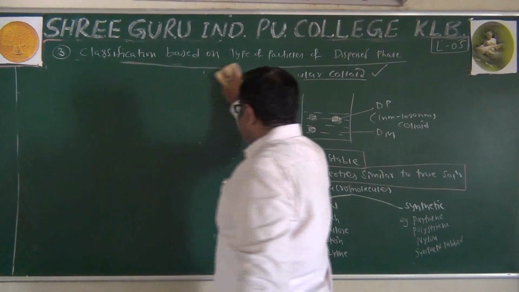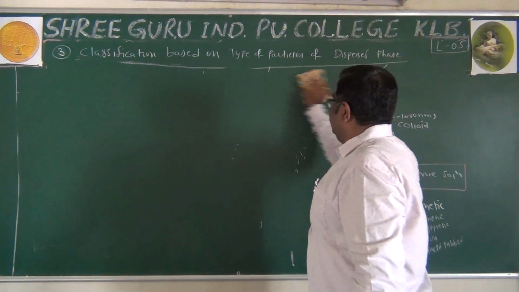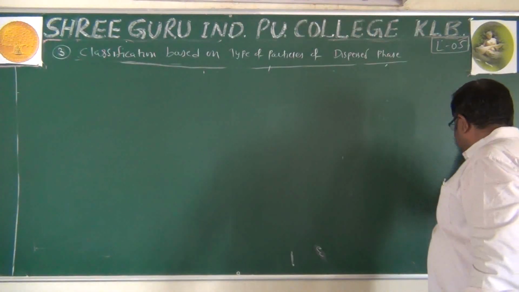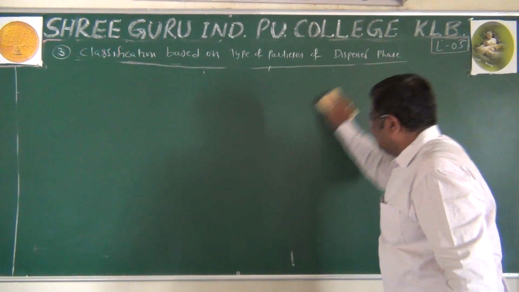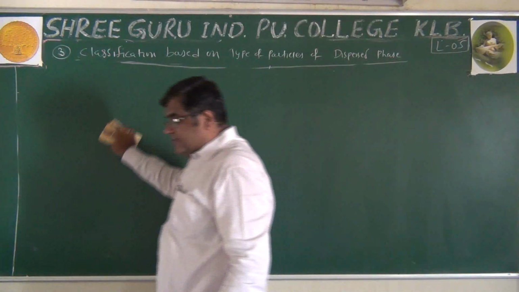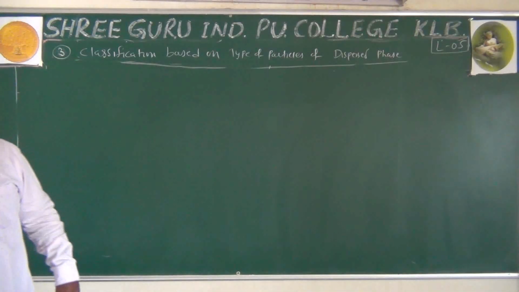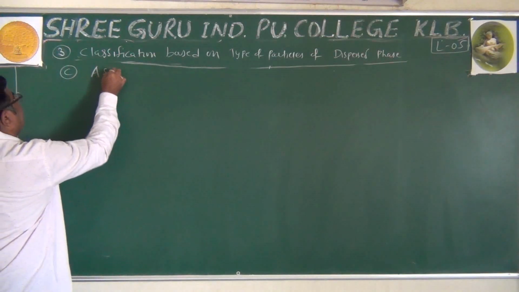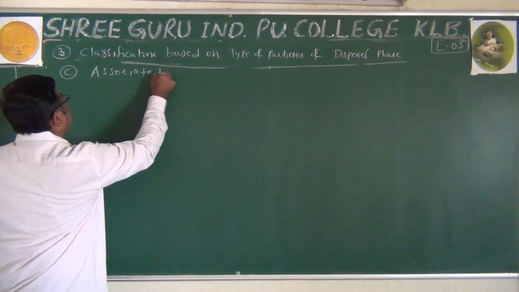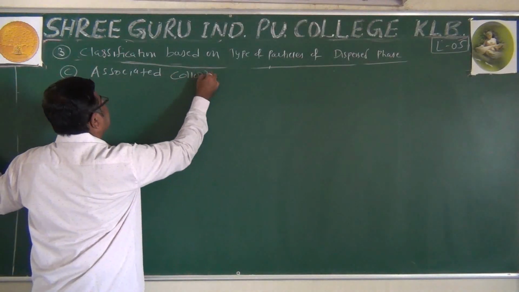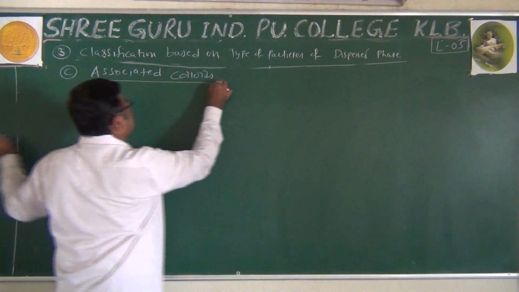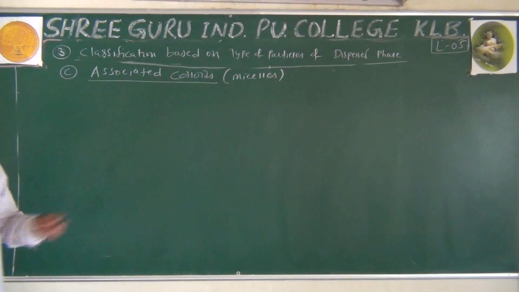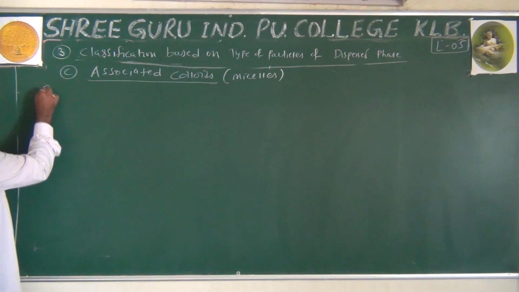Now the third is associated colloid, also called micelles. It is up to you how to pronounce that. Associated colloids are called micelles. Some substances, not all.